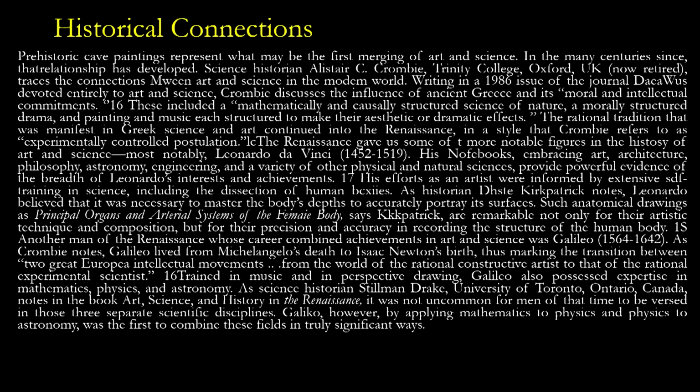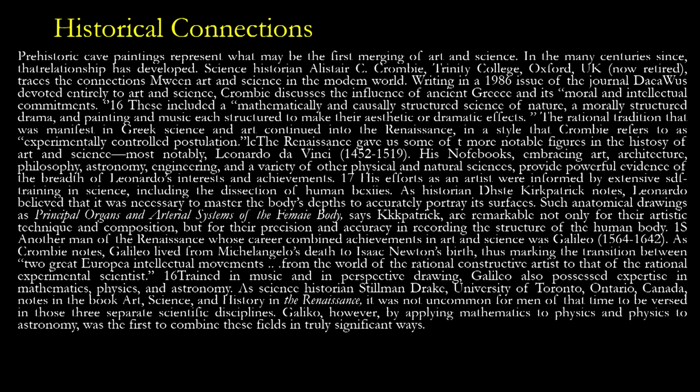So, now let us see some historical connections between art and science and technology. Prehistoric cave paintings represent what may be the first merging of art and science in the many centuries since the relationship has developed. Science historian Alistair C. Crombie, Trinity College, Oxford, UK, traces the connections between art and science in the modern world.